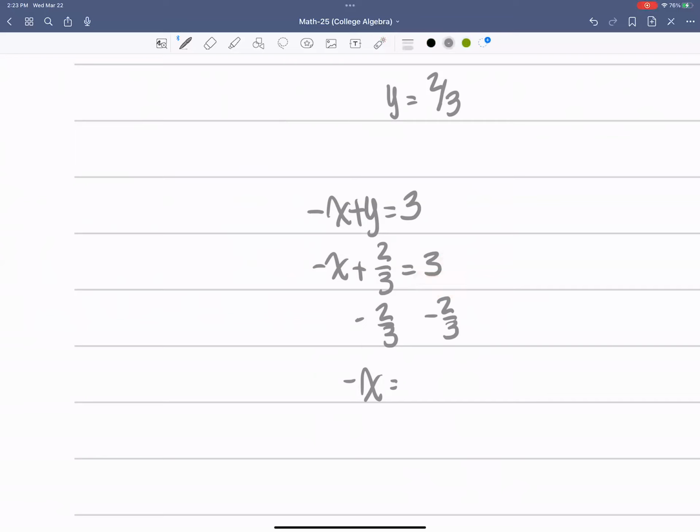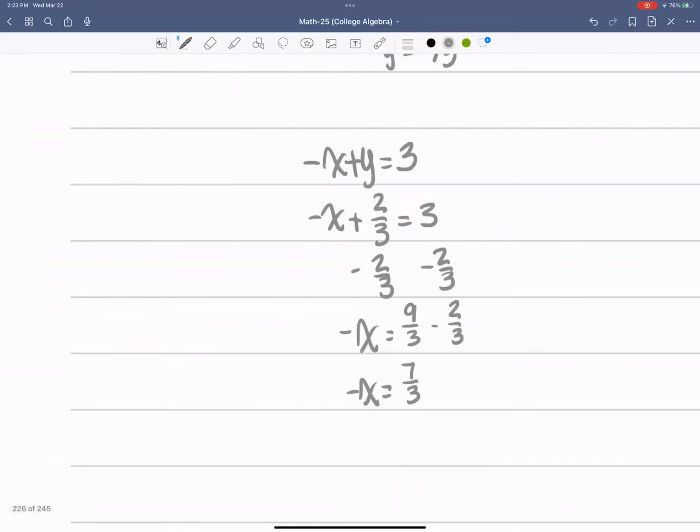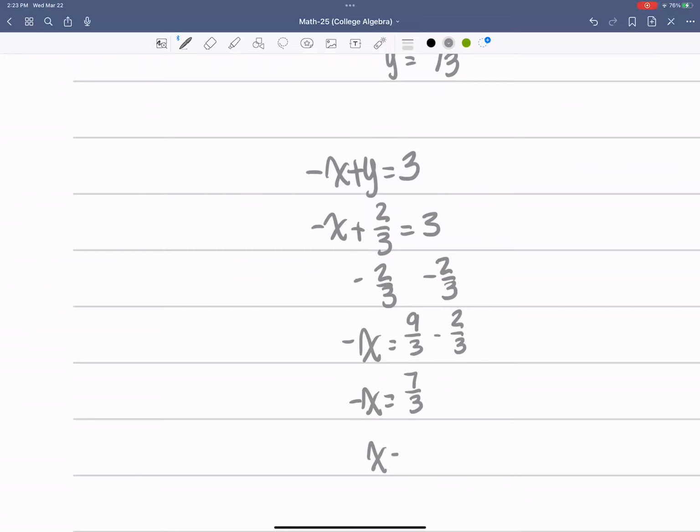So we have 9/3 minus 2/3. -x is going to be equal to 7/3. Multiply both sides by -1, we get x equals -7/3.